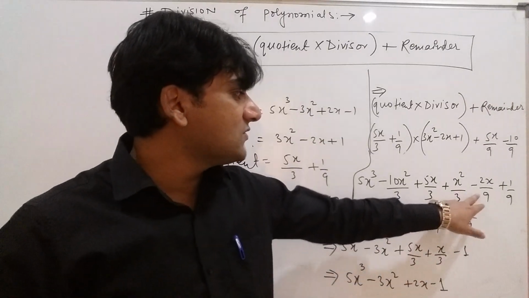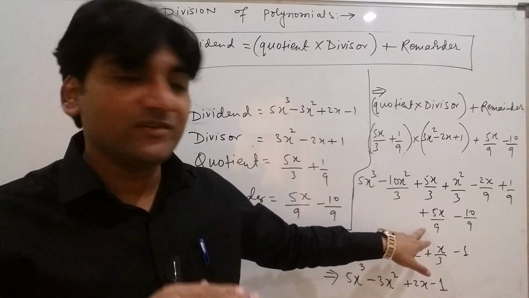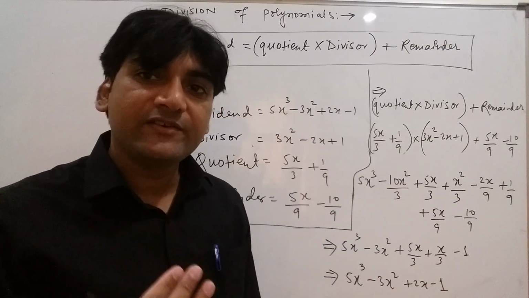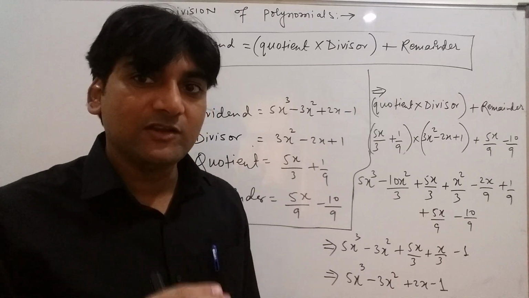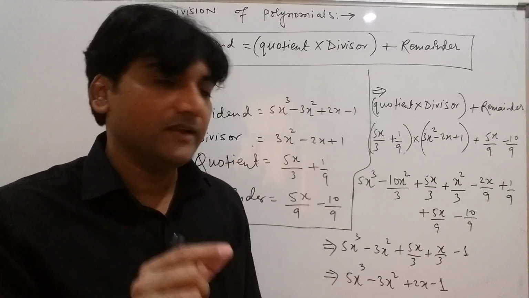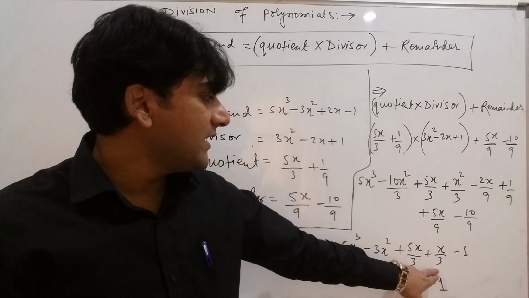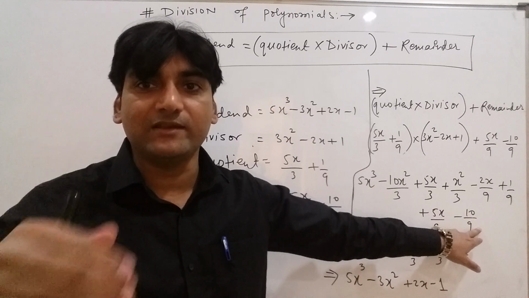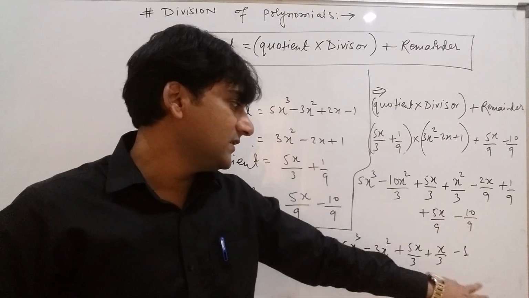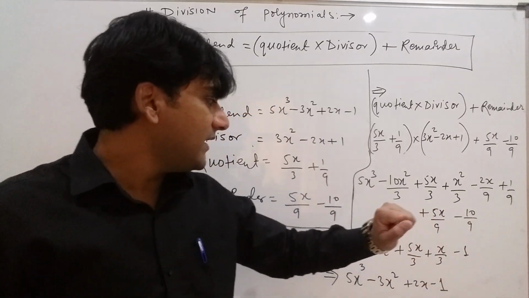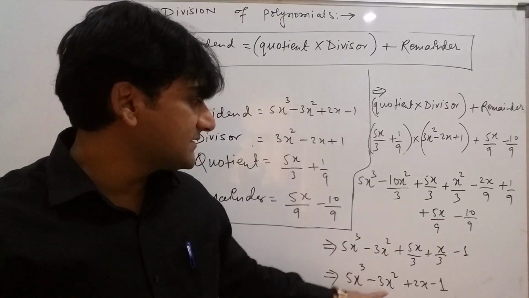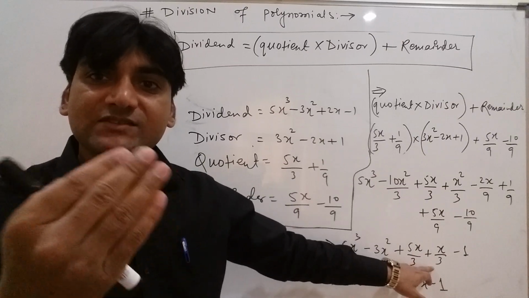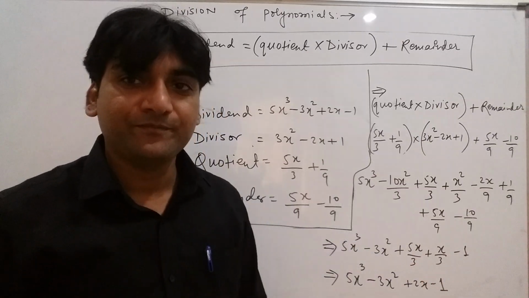Now this is minus 2x over 9 and 5x over 9, so the denominator is same, so minus 2x plus 5x, plus 3x over 9, so 3x over 9 is x over 3, so x over 3 you will get. And this is 1 over 9 and minus 10 over 9, 1 minus 10, minus 9 over 9, minus 1 you will get, so this is minus 1. And then 5x cube minus 3x square, 5x over 3 plus x over 3, so 5x plus x, 6x over 3, that is 2x, minus 1.